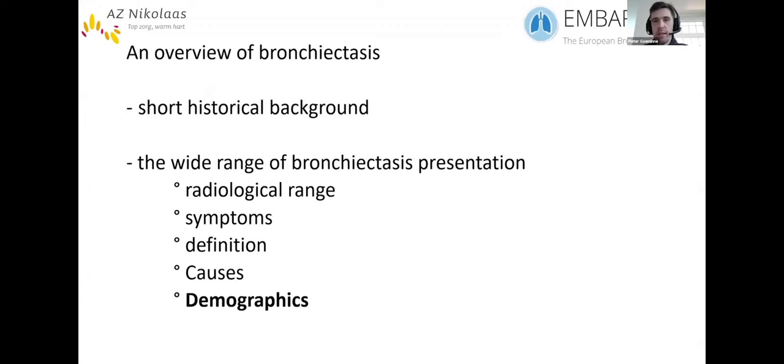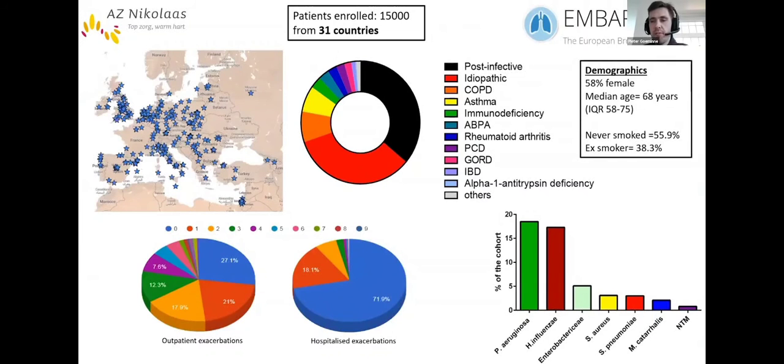There was also a question about the demographics of bronchiectasis. Fortunately, the past 5 years have been a great period, because many registries have come online. I've taken a few registries, for example the European one. As you can see, many centers participated. If you look at the etiology, which is the middle graph, the circle, you see that post-infective and idiopathic causes are the mainstream of causes for bronchiectasis in Europe.